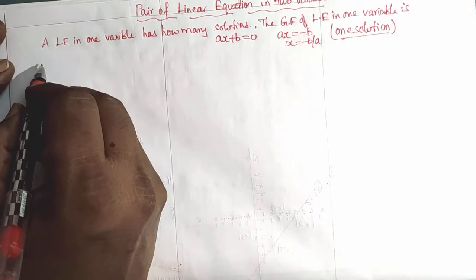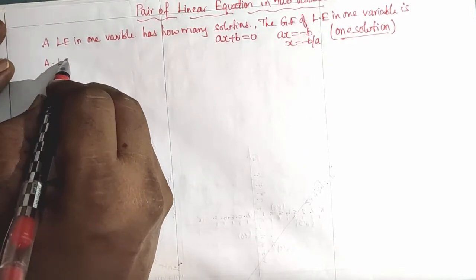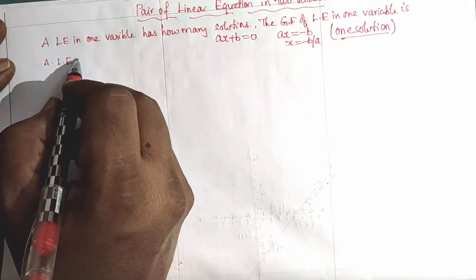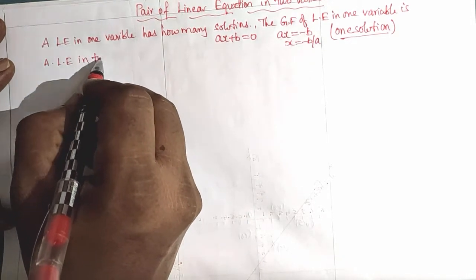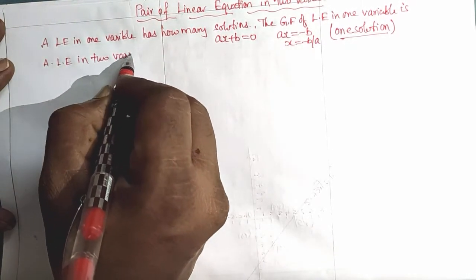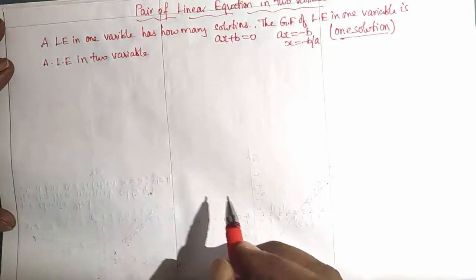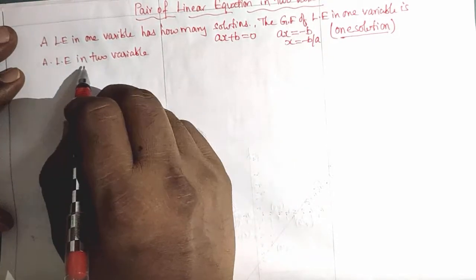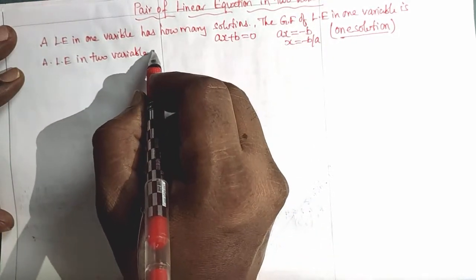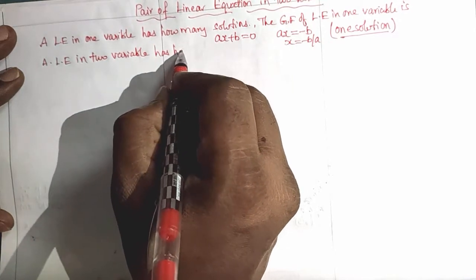Therefore, any linear equation in one variable will have one solution. Now, a linear equation in two variables. We have studied about this in your 9th class. A linear equation in two variables has how many solutions?